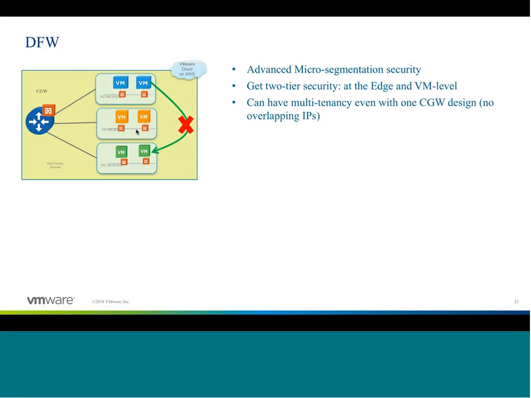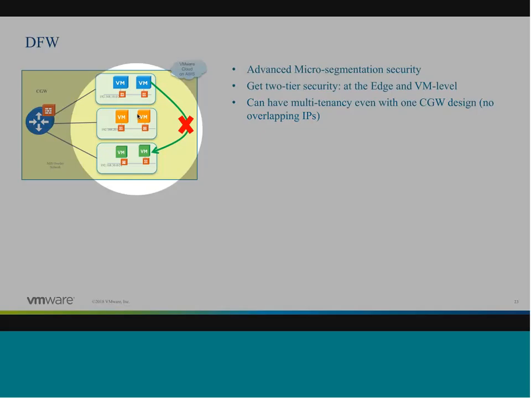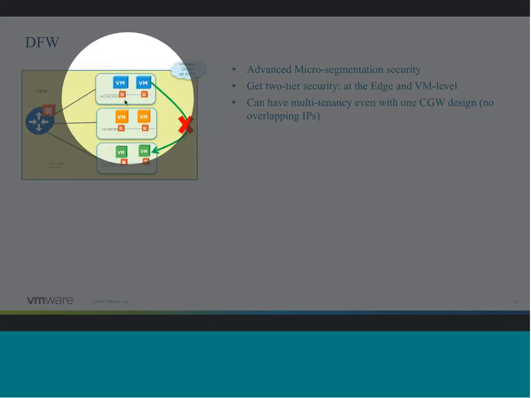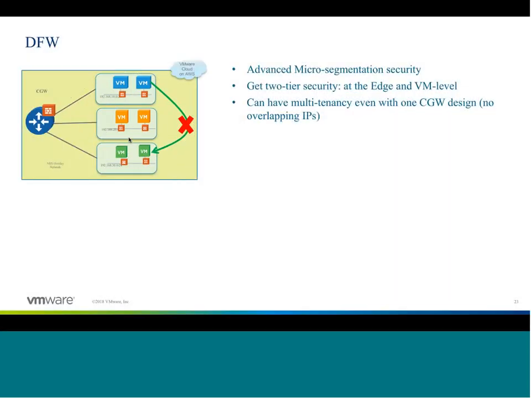You can have multi-tenancy even with this single CGW design, right? Obviously no overlapping IPs, but the idea here is each tenant could be on a different network segment, and then you can use DFW to provide isolation or segmentation, right? So you can easily isolate networks like prod, test, dev, or different tenant environments.